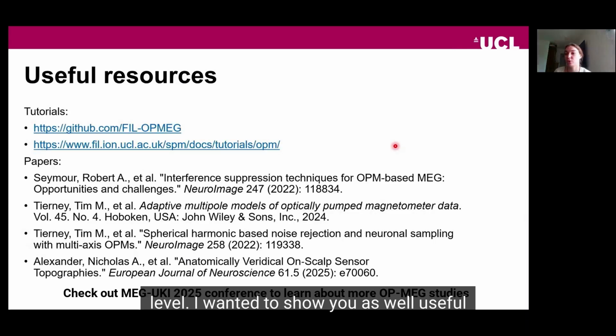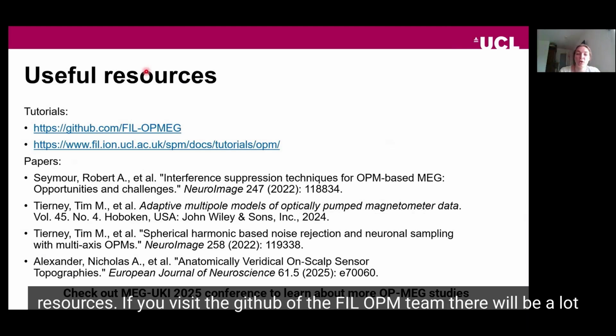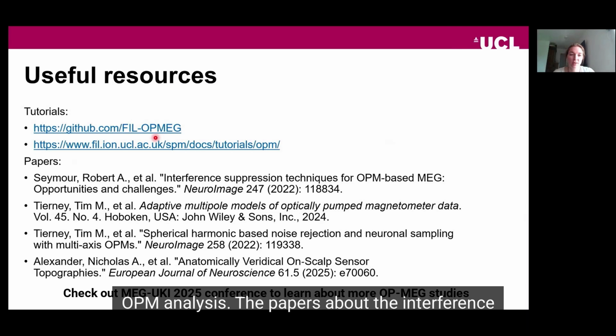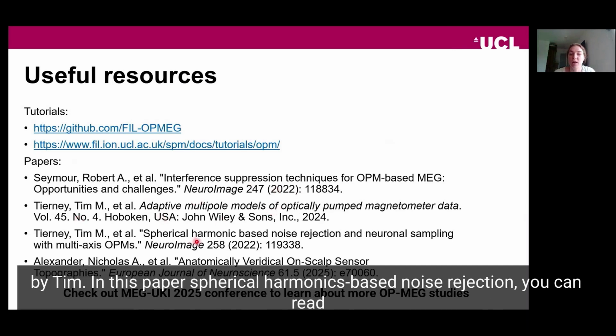The last thing I wanted to show you is useful resources. If you visit the GitHub of the Phil OPM team, there are a lot of tools, from different tutorials to some fancy registration methods and OPM analysis. The papers I used are on interference suppression techniques and the adaptive multiple model by Tim Tierney.